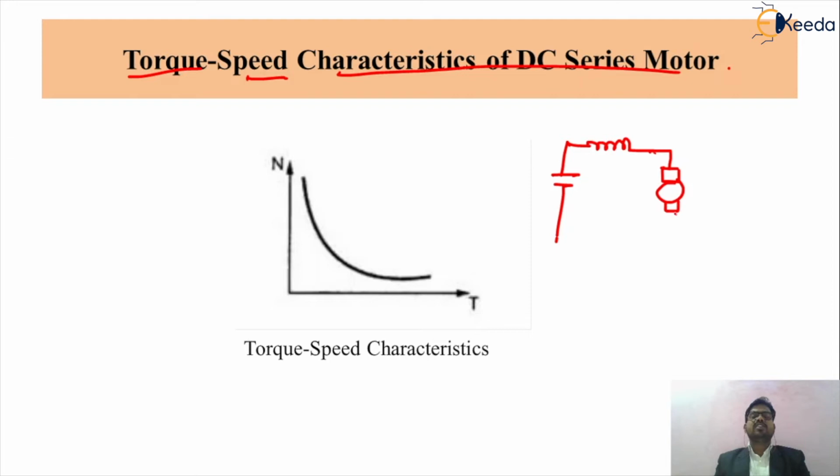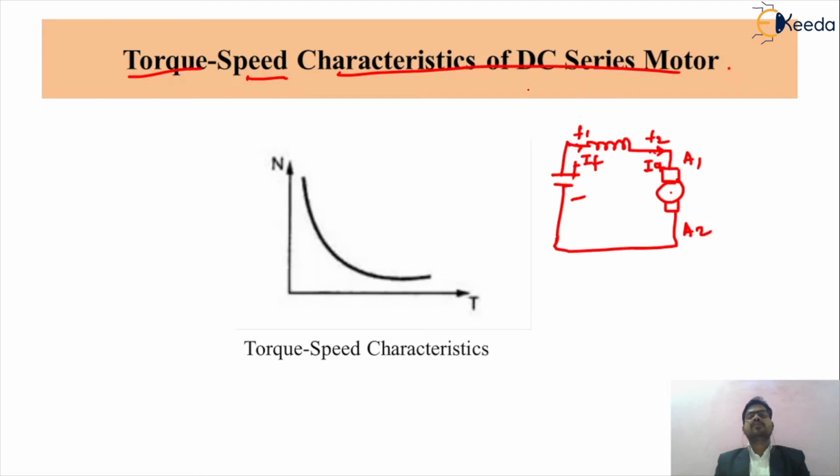This is the armature, A1 and A2. This is the DC supply. This is the field winding, F1 and F2. The whole current flows through the field winding. This is basically the DC series motor.